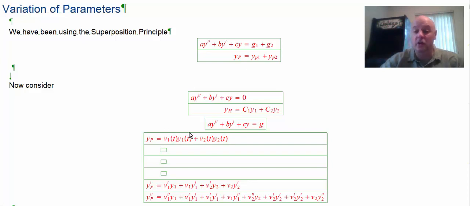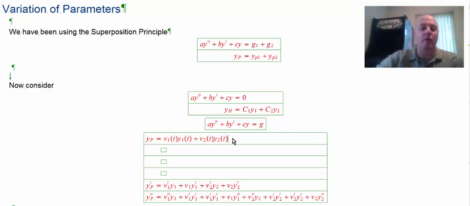We're taking a function v1 times y1, where y1 is a little solution, and v2 times y2. And we're saying maybe we can make a particular solution out of this combination of the y1s and y2s, if we can find v1s and v2s that work.